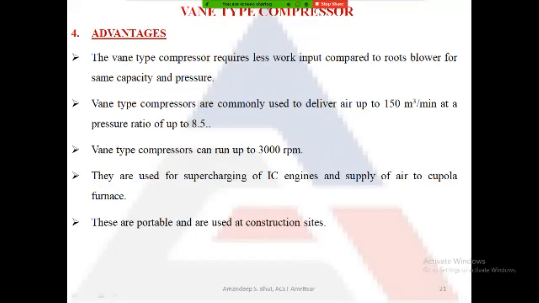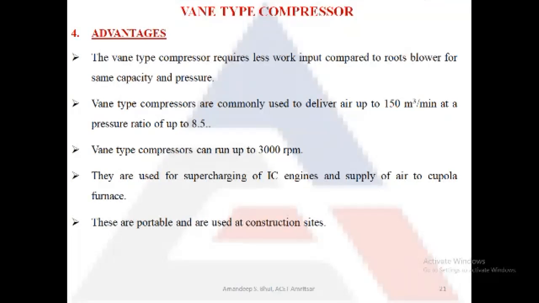Now we know what supercharging of an IC engine is. Supercharging is when we are burning more fuel, that is we are moving at a very high speed. To achieve that very high speed, we need more power. For achieving more power, we need to burn more fuel. Now for burning more fuel, we need more oxygen. More oxygen can be achieved by compressing the air.